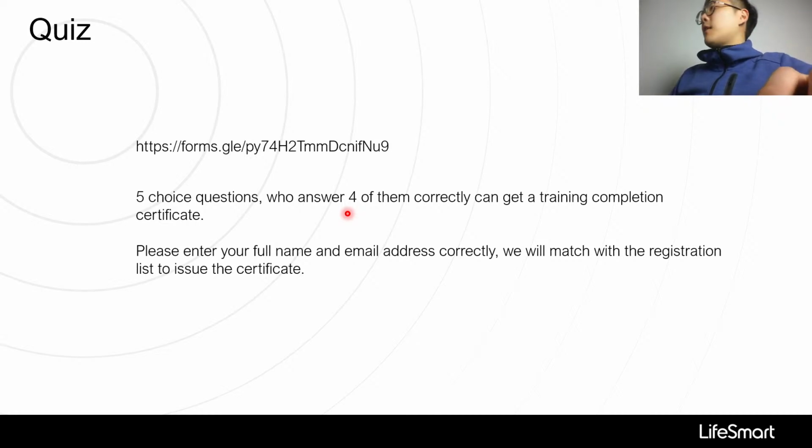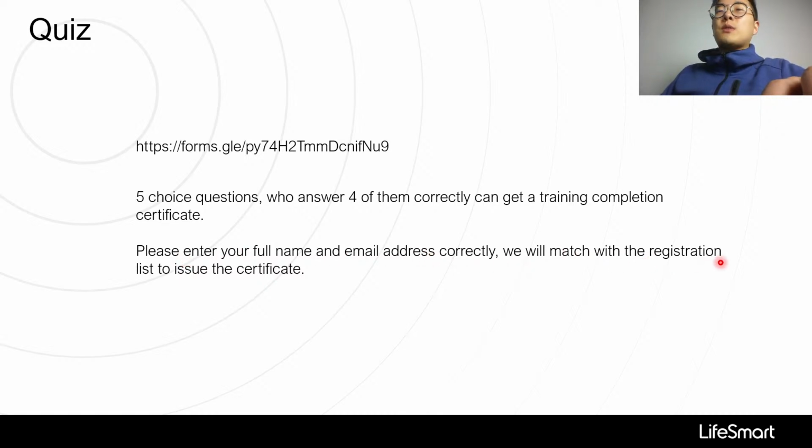And now we will have a quiz section. I will copy and paste this address and send it in the group chat, so you guys can enter an online quiz. We have 5 choice questions. Whoever answers 4 of them correctly can get a training completion certificate. Please enter your full name and email address correctly.